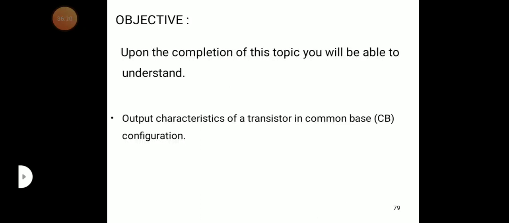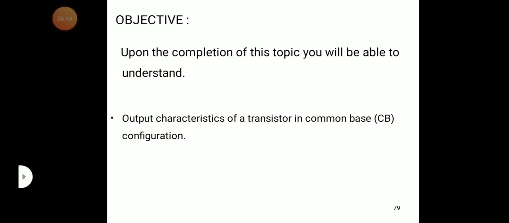As the common base voltage increases, the emitter current increases rapidly. Why are we getting this type of increase? Because of base width modulation. What is base width modulation or early effect?